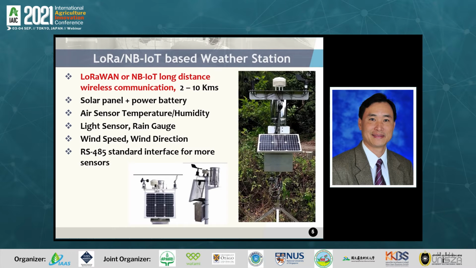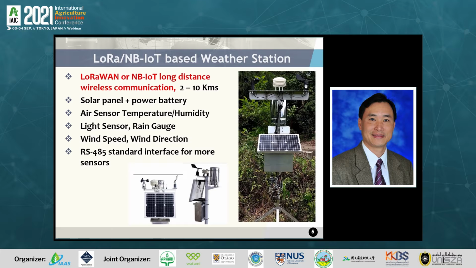So the first one, we have to collect the weather data from the field. So we developed LoRa or NB-IoT based weather stations. We know that LoRaWAN or NB-IoT is long distance wireless communication technology with a distance about 2 to 10 kilometers.